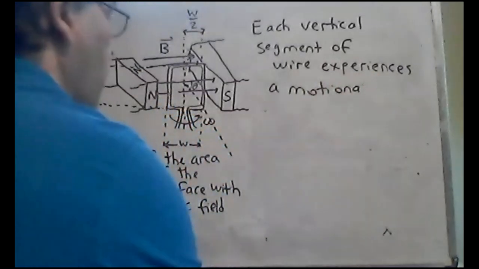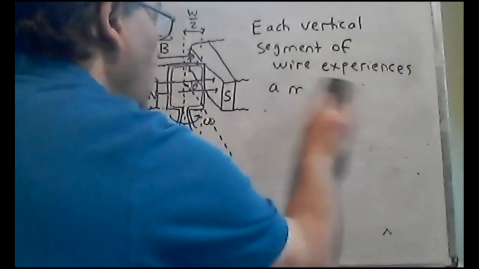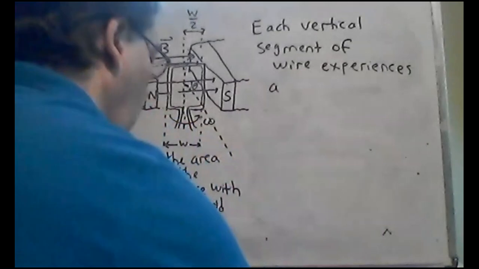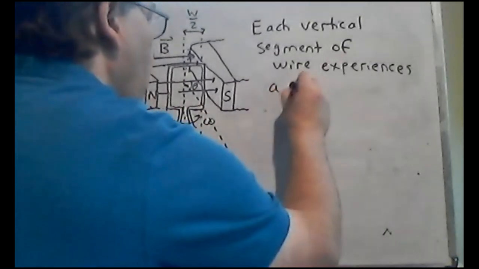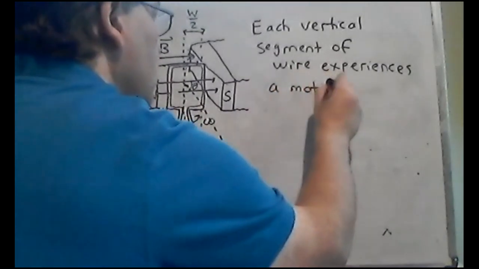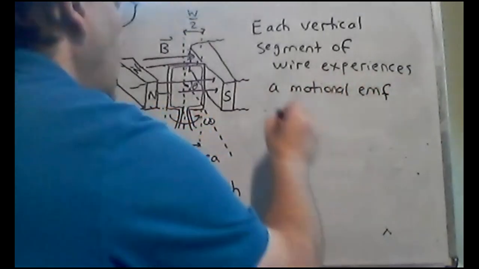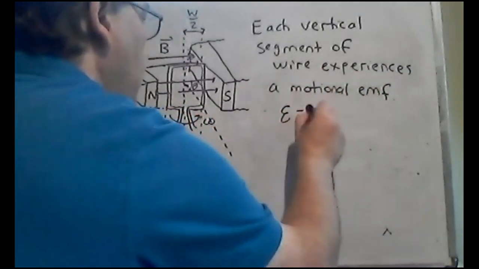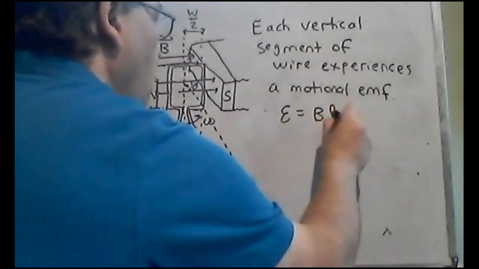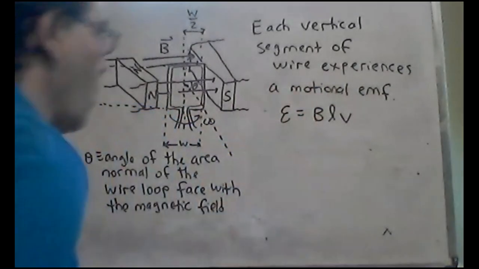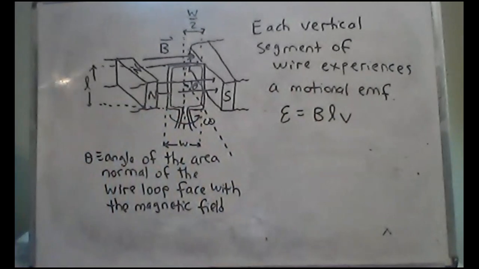That's where we get started with this. We care only about the vertical segments of the wire. All right, and that's going to be epsilon equals BLV. Again, each wire, the right wire and the left wire, is going to experience an epsilon equal to BLV.